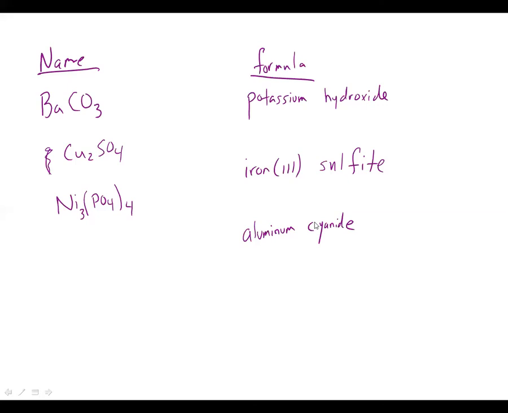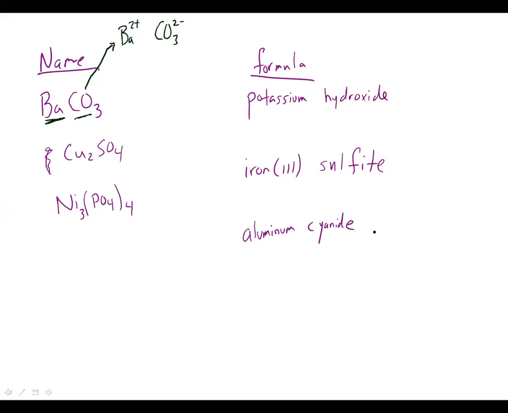All right, so let's take a look and see how we're doing. Coming to this first one, when we look at this, we have barium and CO3. So barium, which is group 2, is Ba with a +2 charge. CO3, from that table, is CO3 2 minus, which is carbonate.